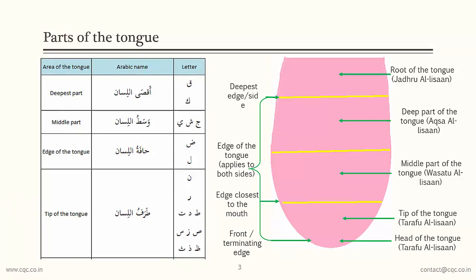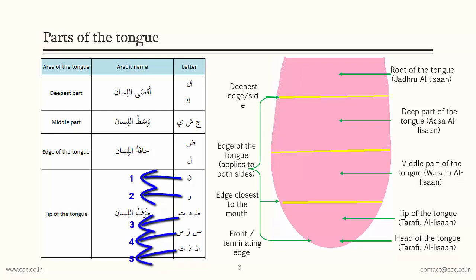Now, even within the tip of the tongue, there are 5 different makhraj points. The letters Noon and Ra have their own unique makhraj or articulation point, while the letters Ta, Dal and Ta, they share a single articulation point. In the same way, the letters Sad, Za and Sin share a single articulation point, and so do the letters Dha, Dhal and Tha.